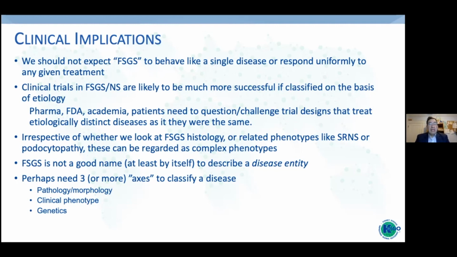But just as BRCA1-associated cancer is not enough to describe the cancer associated with BRCA1, we still want to know if it's ovarian cancer, is it breast cancer. Similarly, I think we're going to want genetics, but not just genetics to define these sets of diseases.